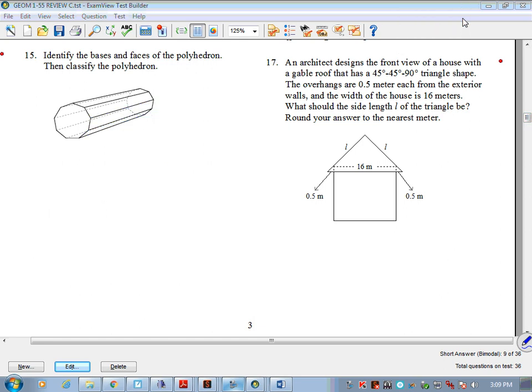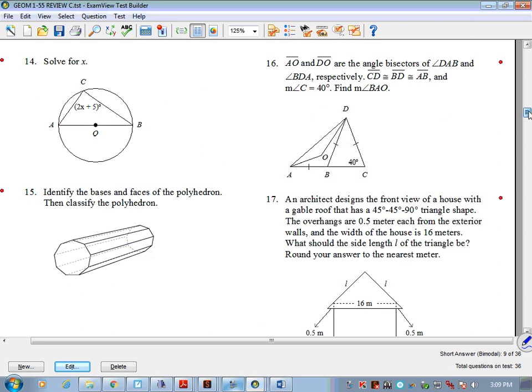Okay? All right, 16. 16 is one that we have to work from right to left, and we have to use what we know about isosceles triangles. Isosceles triangles have vertex angles, and they have base angles that are congruent. The base angles are the angles opposite the congruent sides.